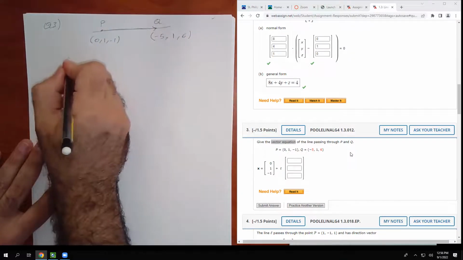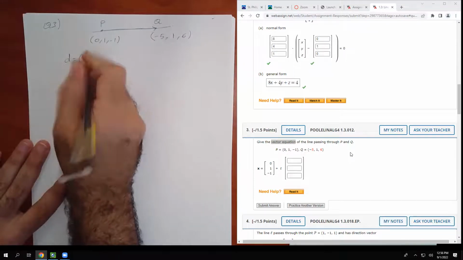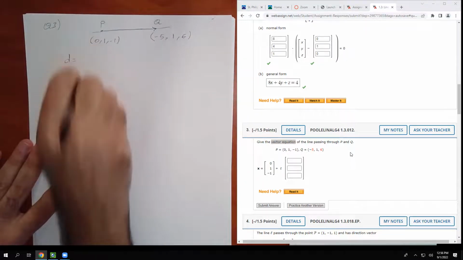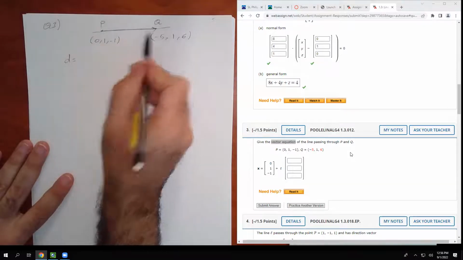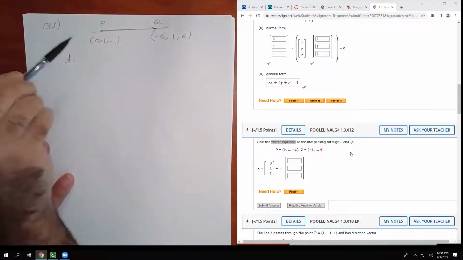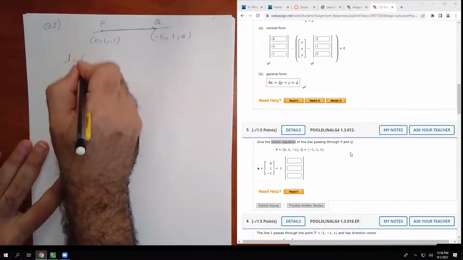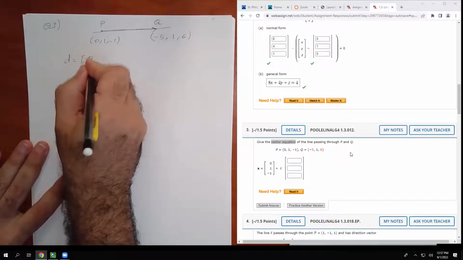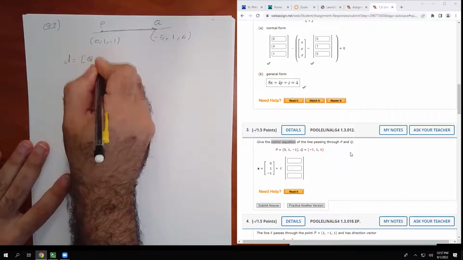So the vector D is going to be Q minus P. It's a vector between these 2 points and with the same direction as the line.